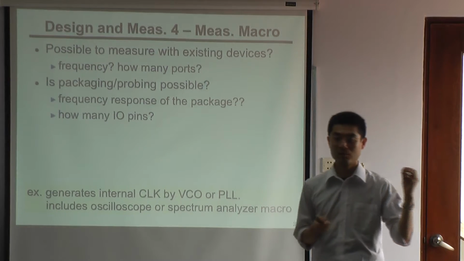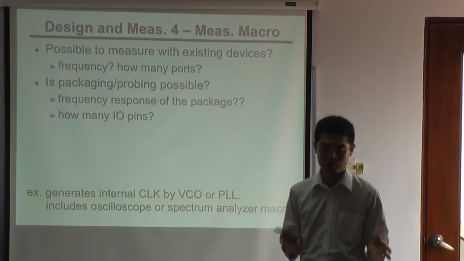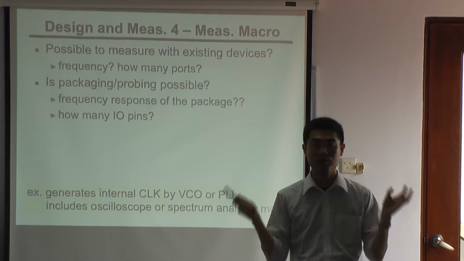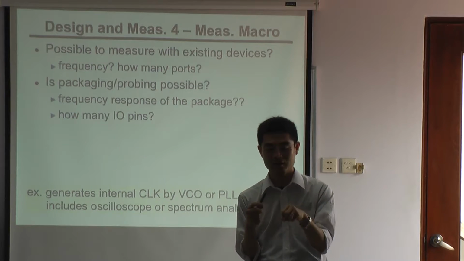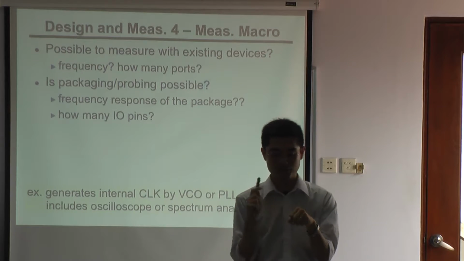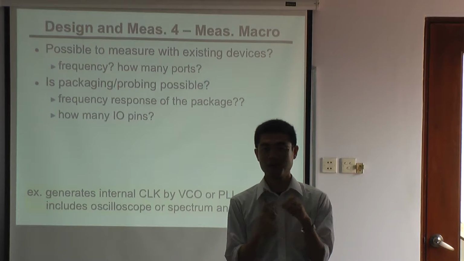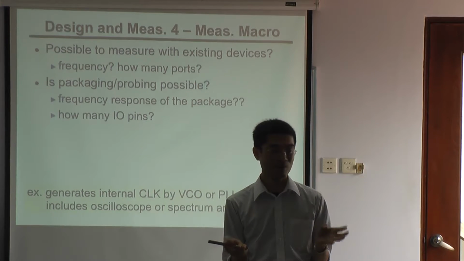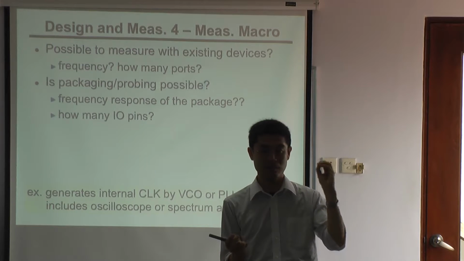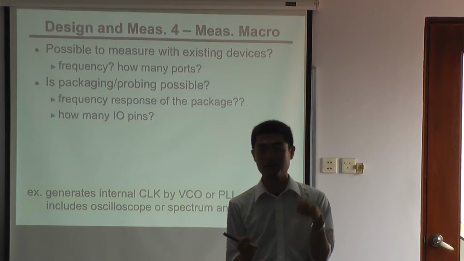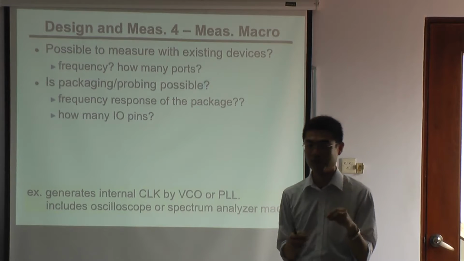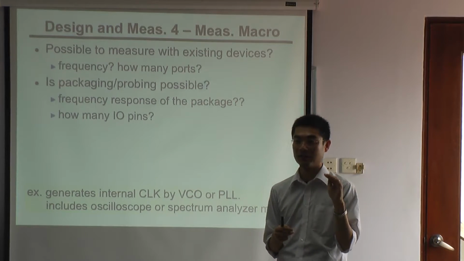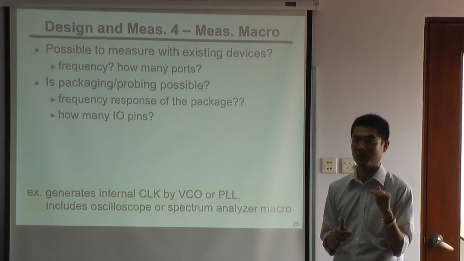Also, once you want to assemble the circuit into a package, and the package's maximum frequency is 1 gigahertz, but you want 10 gigahertz operation, you also need to develop a VCO by yourself and input that, and you can control the frequency by DC, and that is very easy.